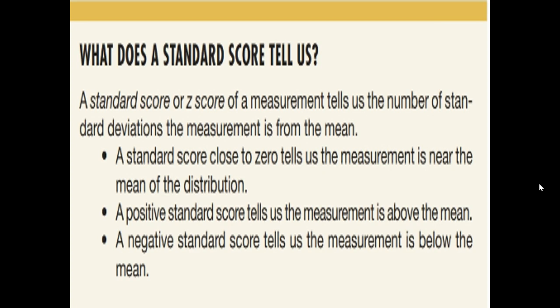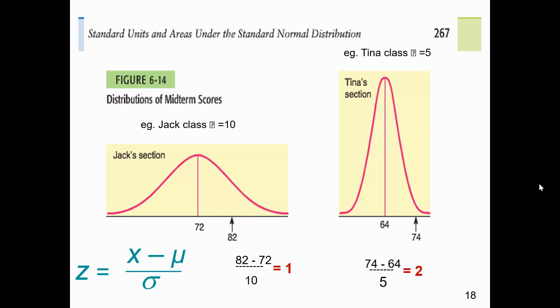A standardized score, or z-score, of a measurement tells us the number of standard deviations the measurement is away from the mean. So we see here that in Jack's section, his score was 1 standard deviation away, and Tina's score was 2 standard deviations above the mean. Jack was only 1 standard deviation. Now, obviously, Jack did better. He did an 82, and Tina had a 74.